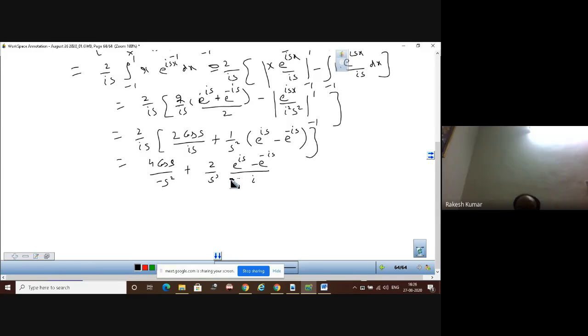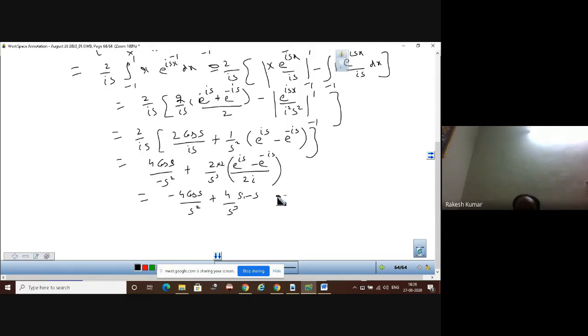Now you need some adjustments. You need 2 here, so you will divide by 2 and you will multiply by 2 also, because this will be the value for sin s. So what it comes out to be is minus 4 cos s over s square, and plus 4 over s cube into sin s.